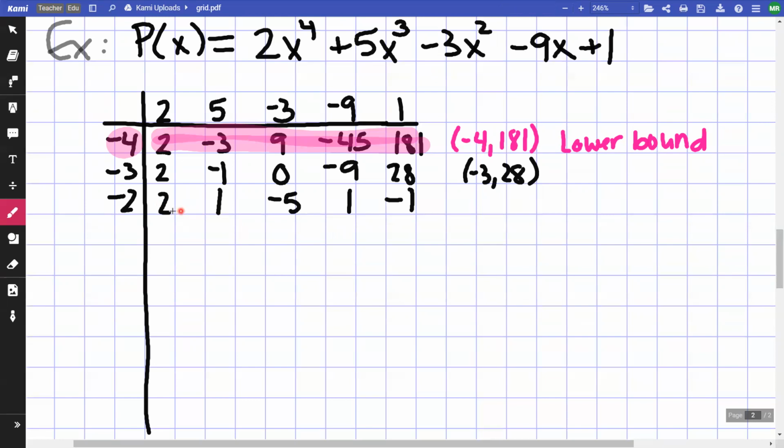Now, you'll notice that, does anyone notice anything? Notice anything at all? So it almost looks like alternating signs, but you see here how it's not. So what you also want to pay attention to is where I am on the graph. I am at a -2, -1. Where was I at -3? A -3, 28.